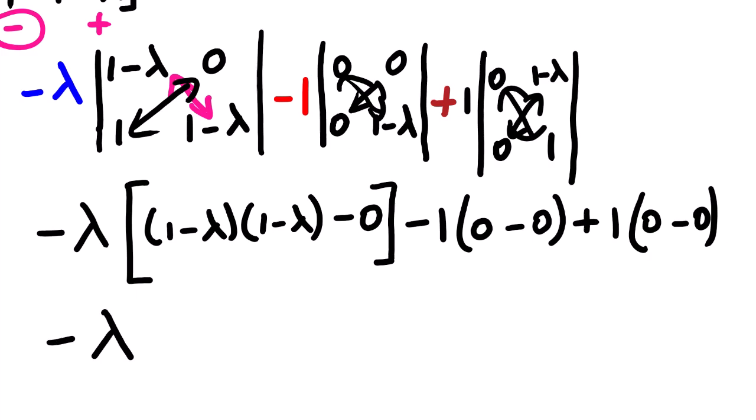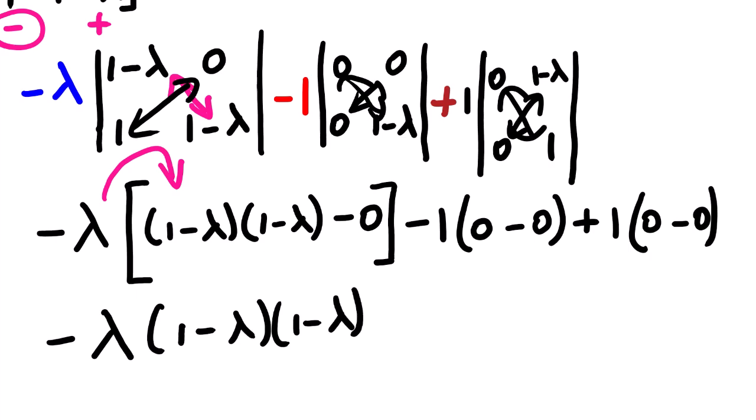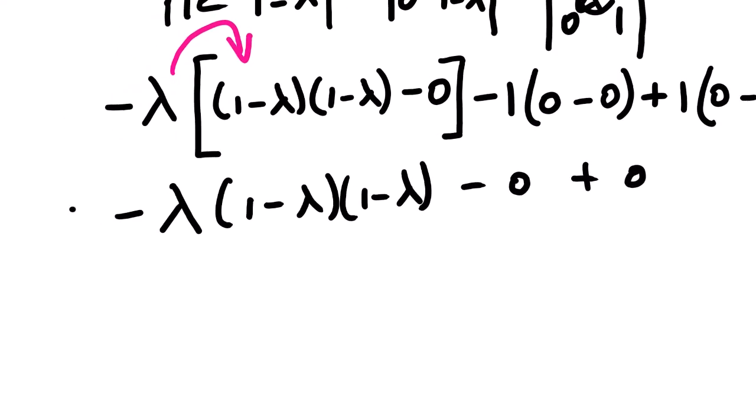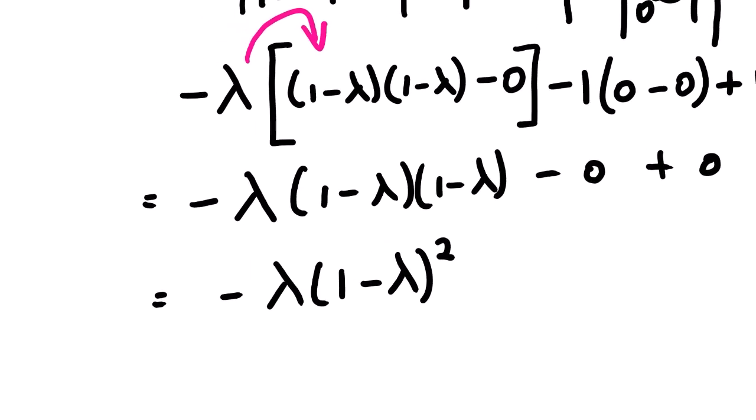So we can simply distribute this. Then we are going to have negative lambda times 1 minus lambda, 1 minus lambda. Know that this will simply be 0. So this is the characteristic polynomial.